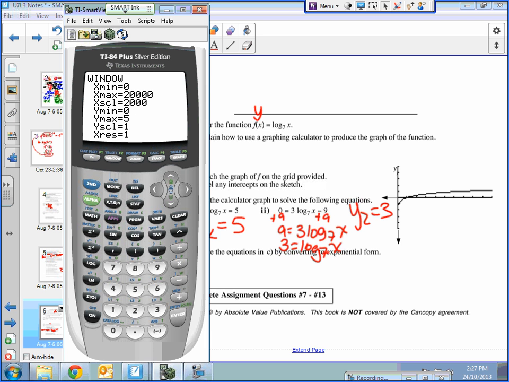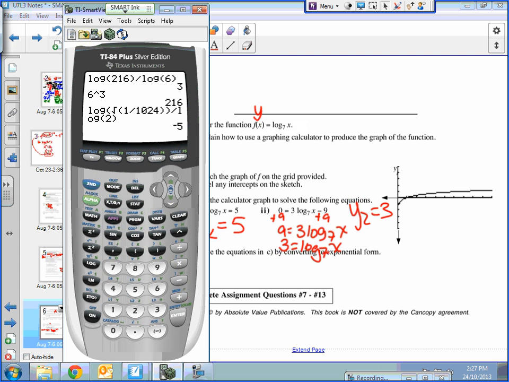Is it not working? Okay, we're going to reset your calculator because sometimes they act really stupid. So go second, clear out of this, go to your normal mode, go second plus, and number 7 says reset, and you're going to reset all your RAM, so press 1 or just press enter.